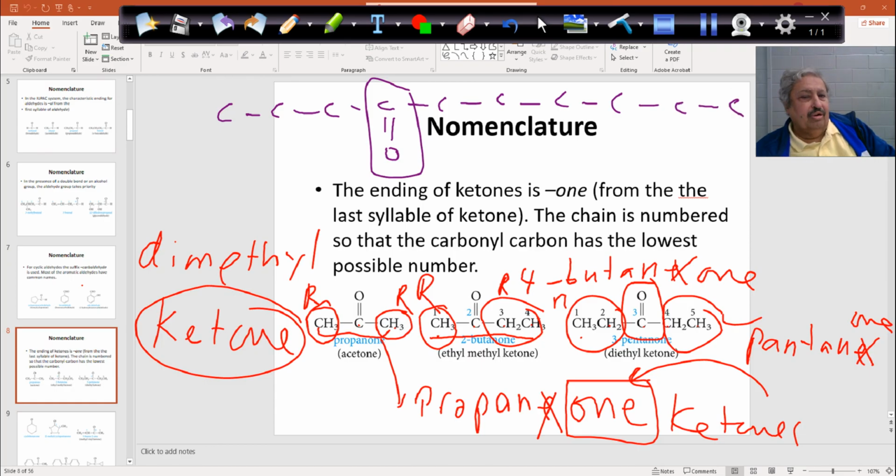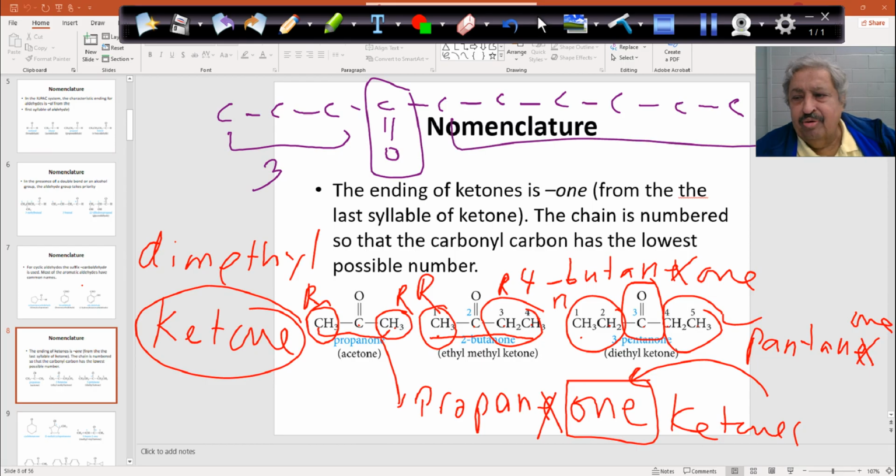Looking at this molecule, my intuition tells me the numbering has to start from here, because here I have only 3 carbons before the carbonyl group. Here how many? 1, 2, 3, 4, 5, 6. Are you following me here? So my numbering will start here, number 1.